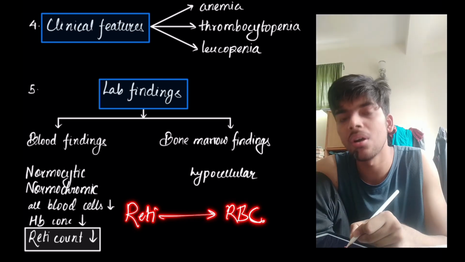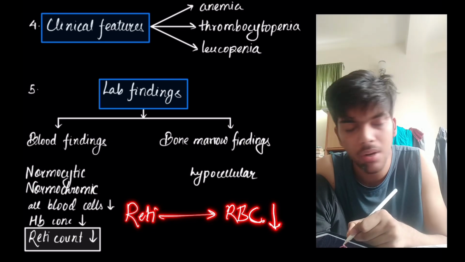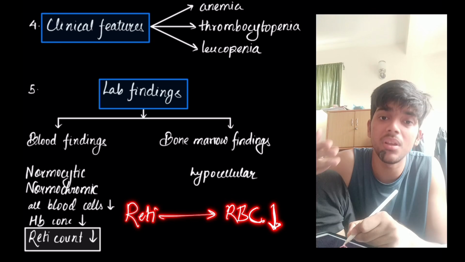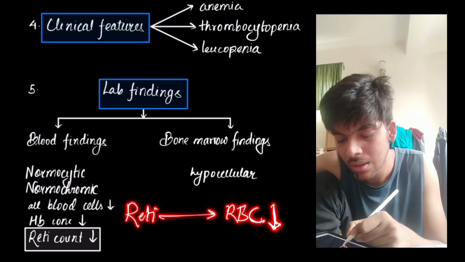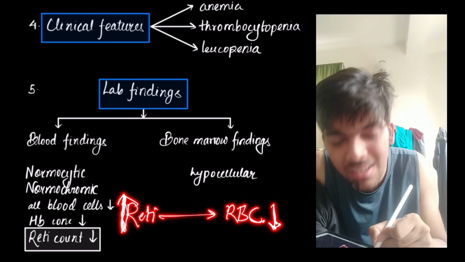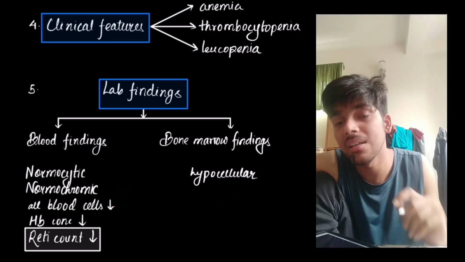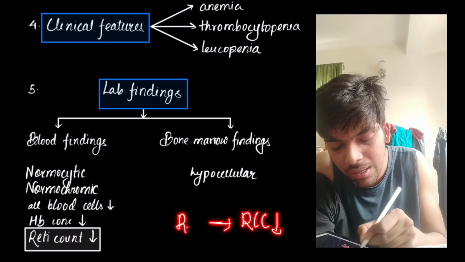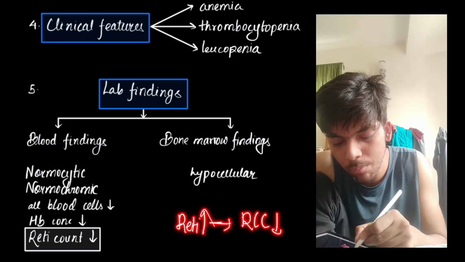So in most other anemia, there was decrease in the number of red blood cells. To compensate for the decrease in the number of red blood cells, that is to increase the red blood cells, the number of reticulocytes within the bone marrow increases. However, in case of aplastic anemia, red cell count is down. Now the reti count should increase, right, in order to compensate for it.